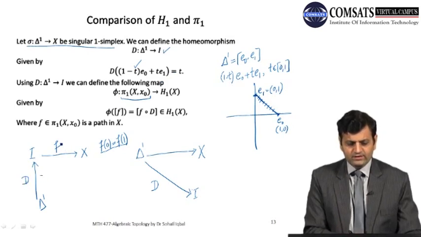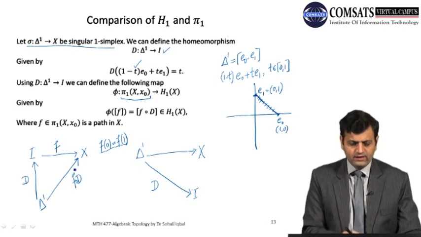So I have this element f, which is an element of pi1 of X, x0. Then using this f I can define the following function, which is the composition f composed with d. This function is continuous, because d and f are continuous, so the composition is continuous.